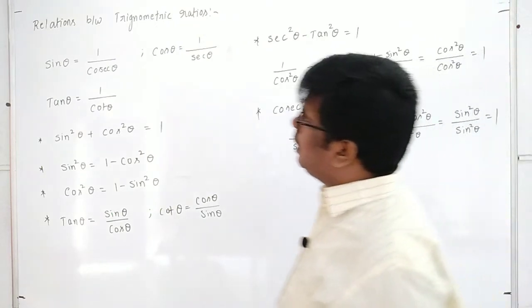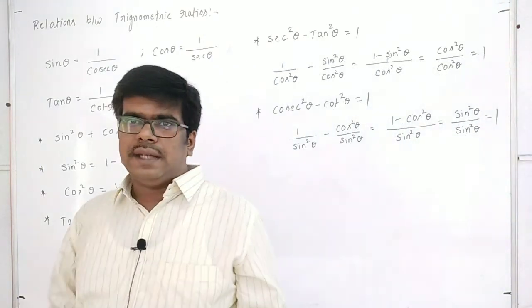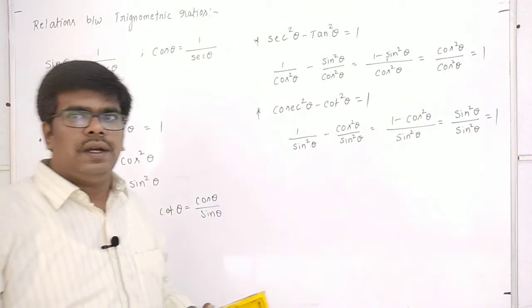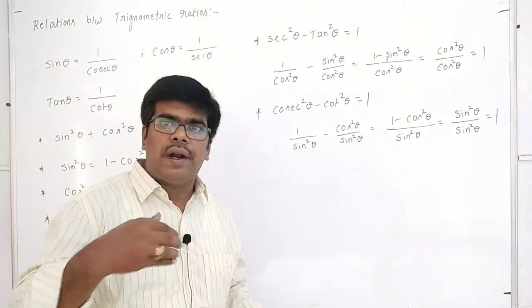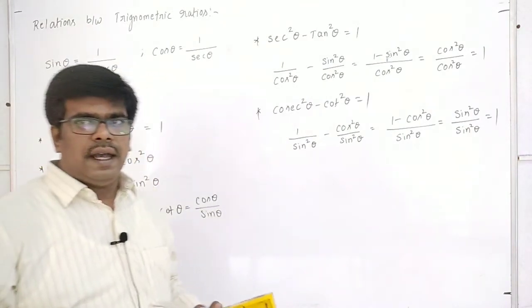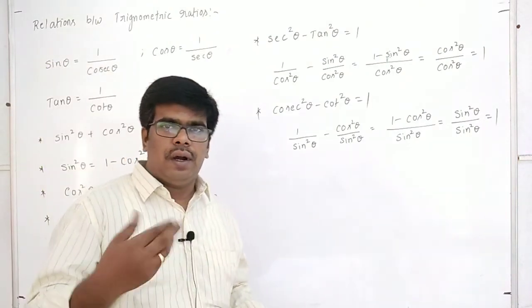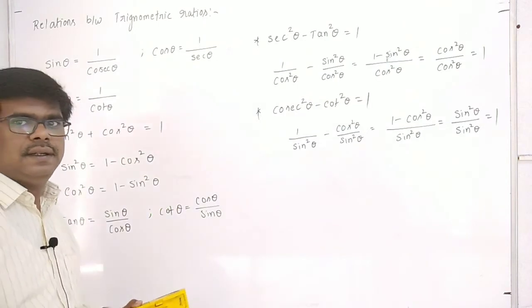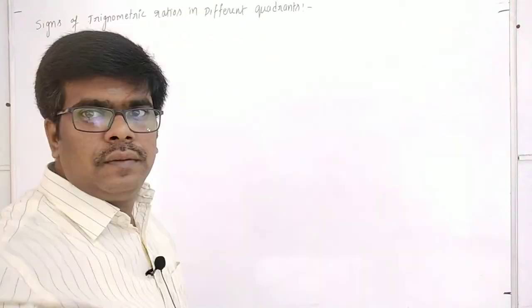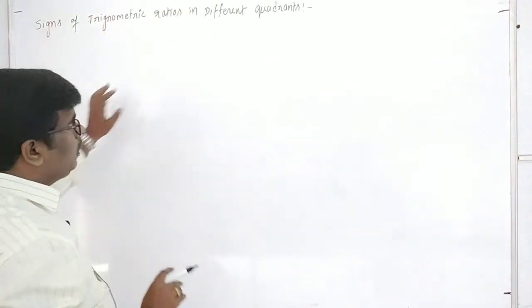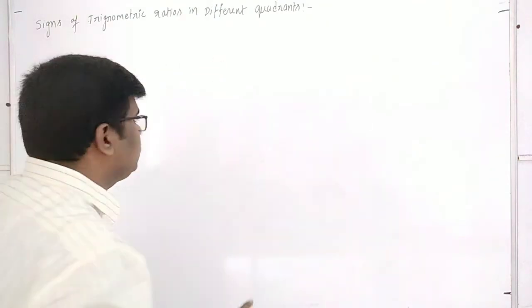Next we will discuss the sign convention for the trigonometric ratios in different quadrants. What is the sign convention for the trigonometric ratios in different quadrants? We are going to discuss it. Signs of trigonometric ratios in different quadrants.